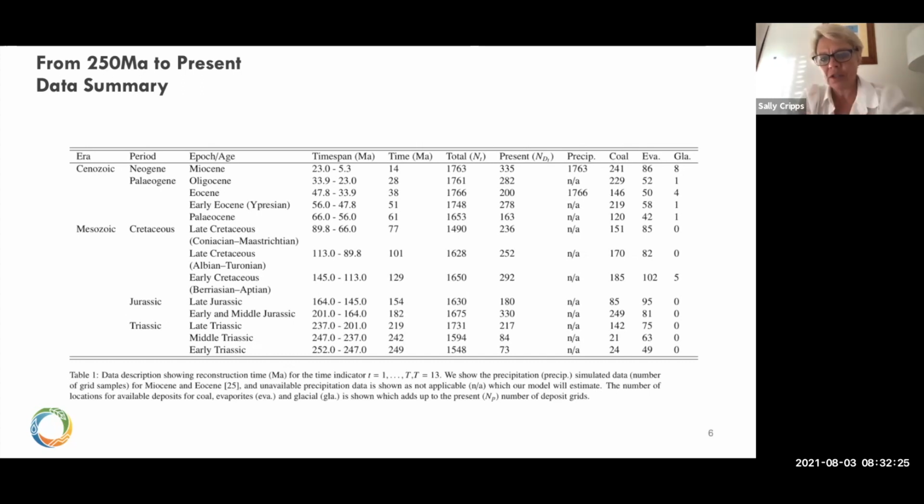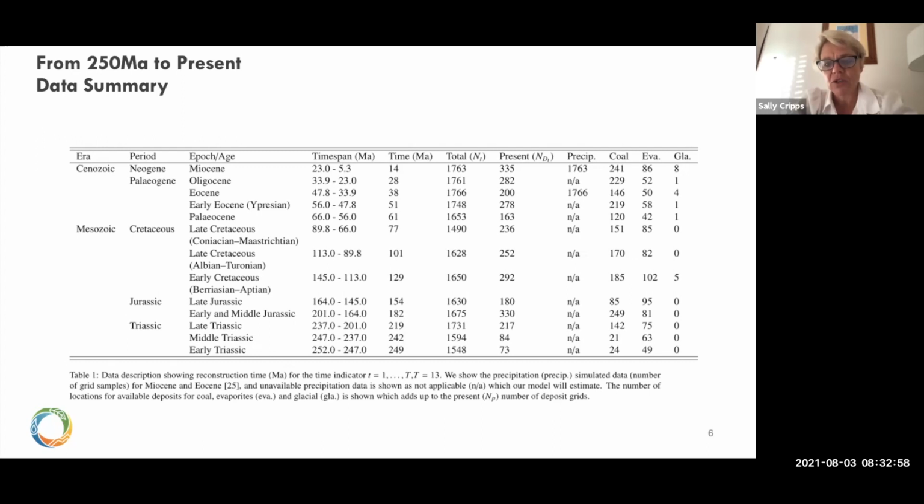Then moving across there, the N subscript DT is the number available on deposits. And you can see that we have much fewer sites where we understand what deposits were located than we do for the total number of observations. So a large part of this will be developing a model to predict deposit location. The next column, precipitation, shows you how many sites we had information regarding the precipitation.